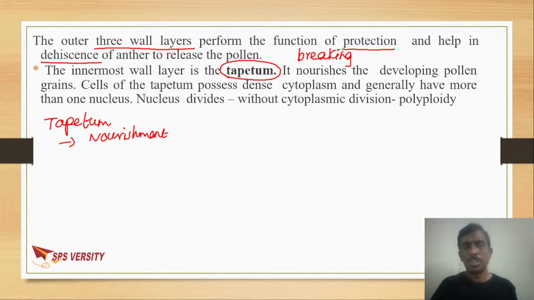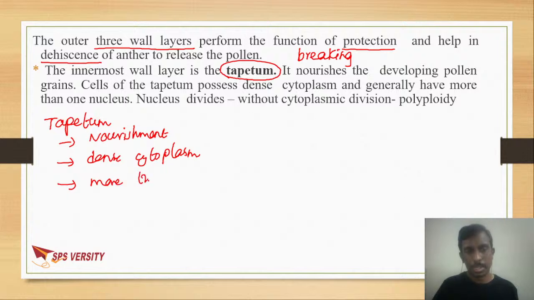To give nourishment, the cells of tapetum have dense cytoplasm which is rich in food materials and have more than one nucleus. Generally in most cells there will be only one nucleus, but here they have more than one nucleus. How is it possible?